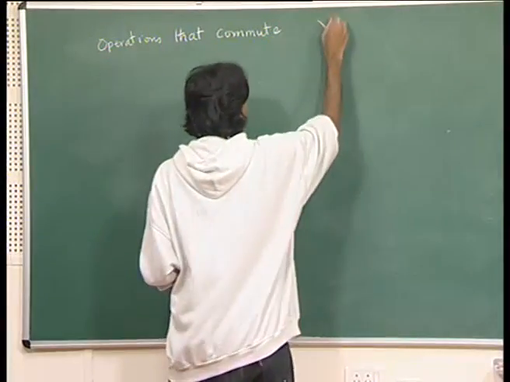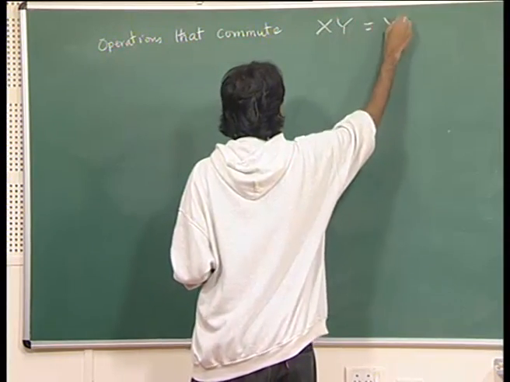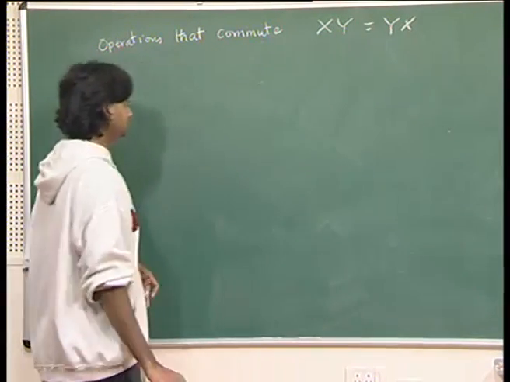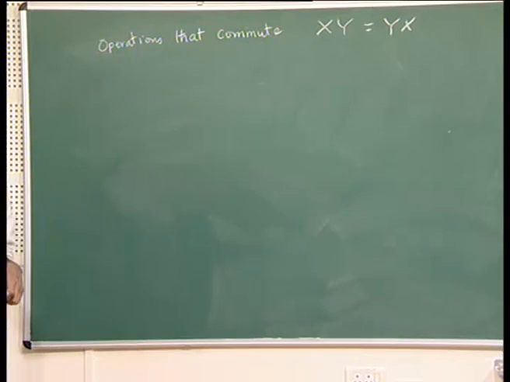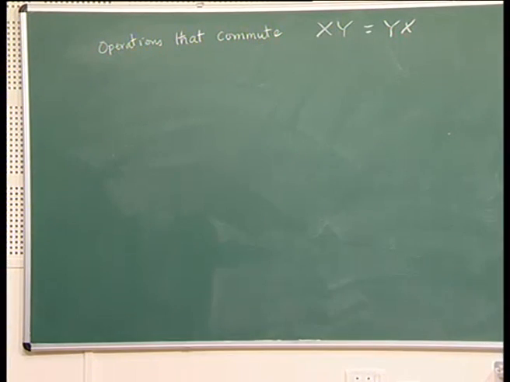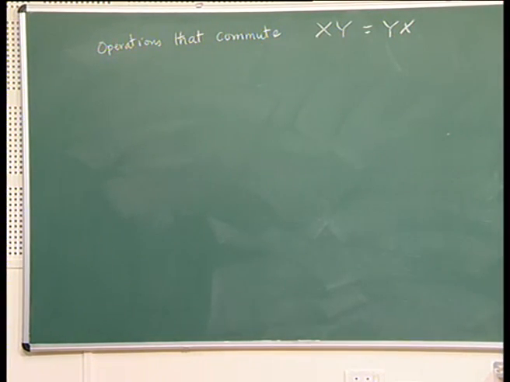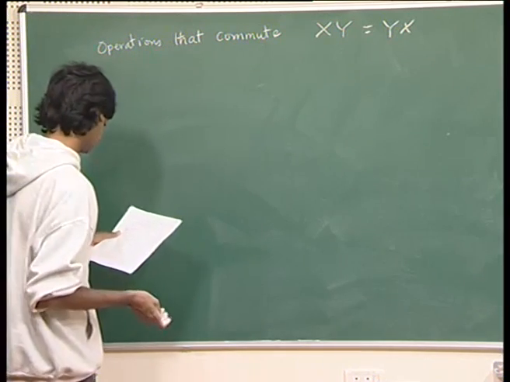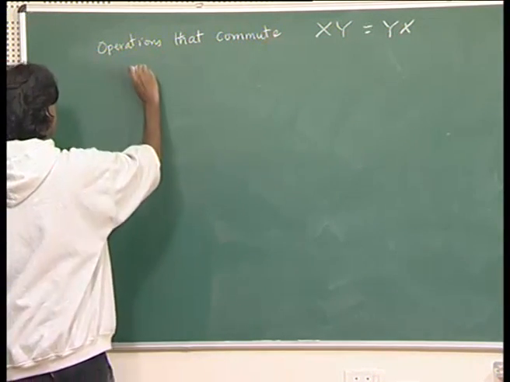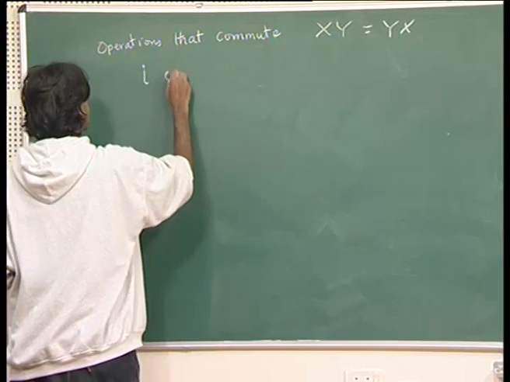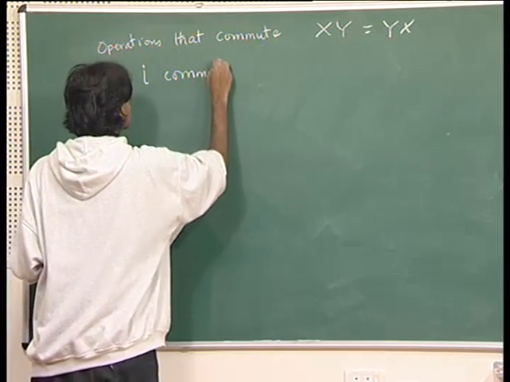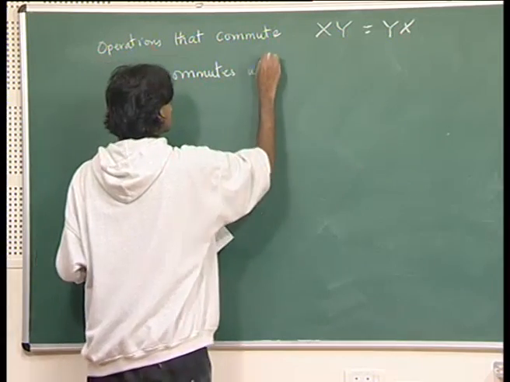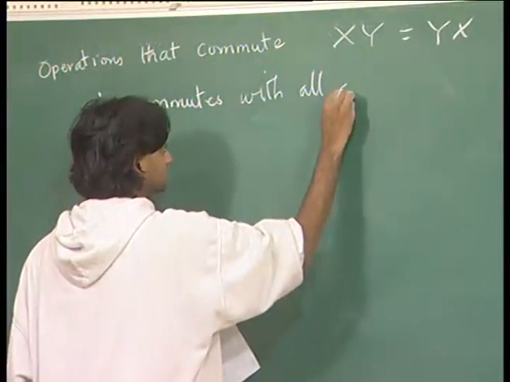In other words, x y equal to y x. I will just make a list. So I commutes with all other operations.